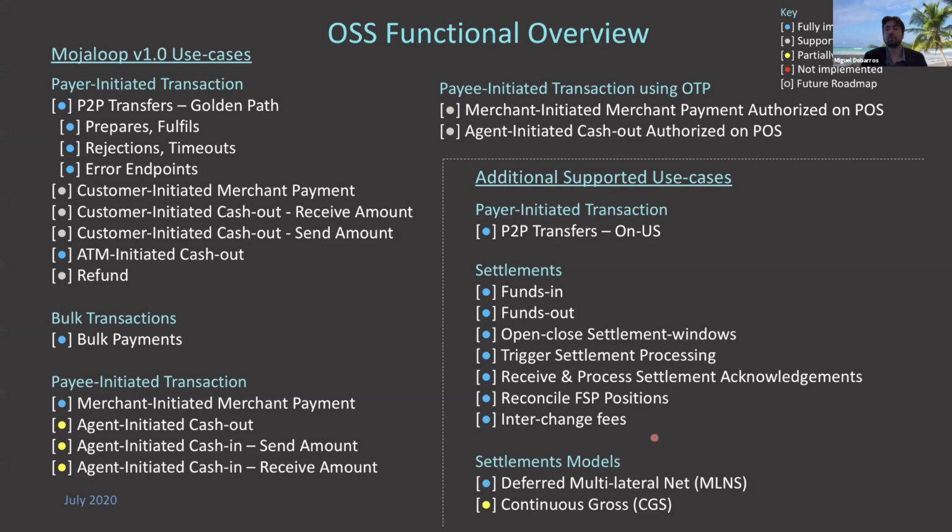It also helps you manage and operationalize your settlements, and process the acknowledgements of settlements. We can also reconcile FSP positions, and now support interchange fees. It's also worth mentioning that we now support 2 settlement models, although one still has some work in progress. Originally we supported only the deferred multilateral net settlement model, and now there's a lot of work going on to support the continuous gross settlement model, which you'll hear a bit more about in the coming days.